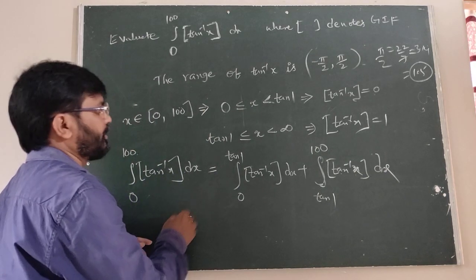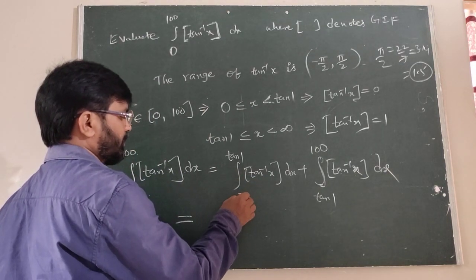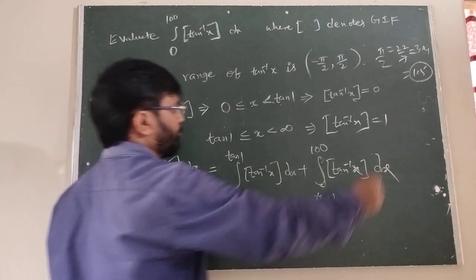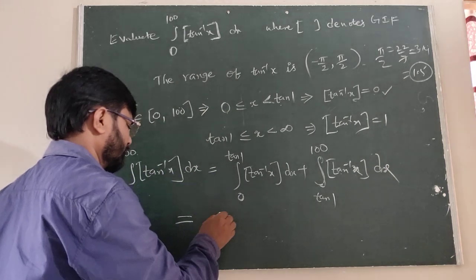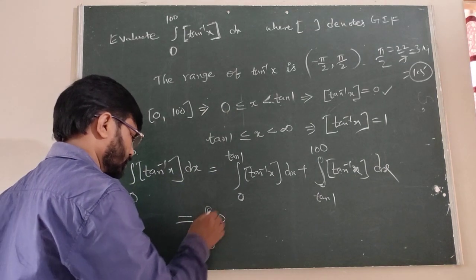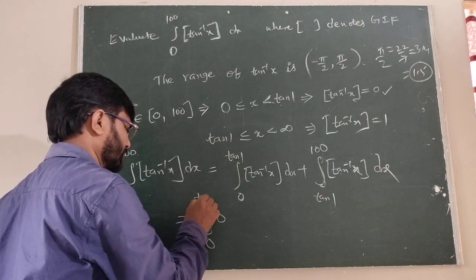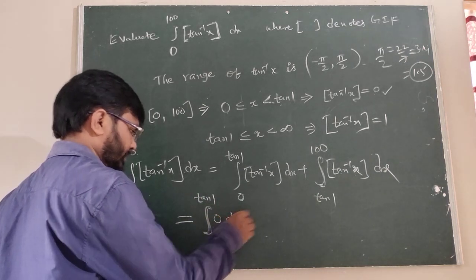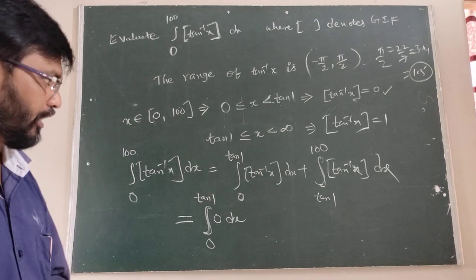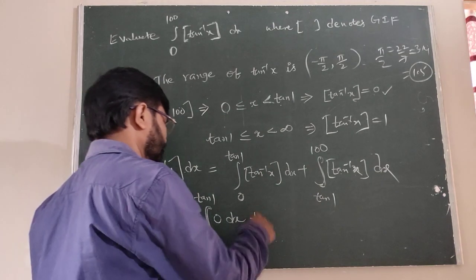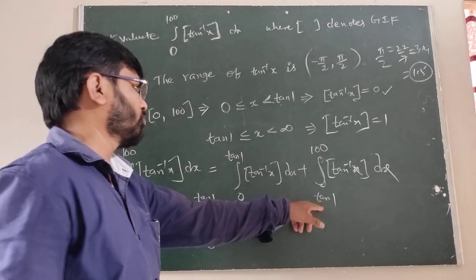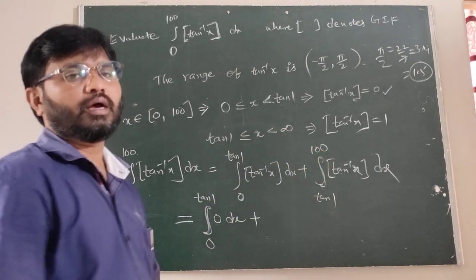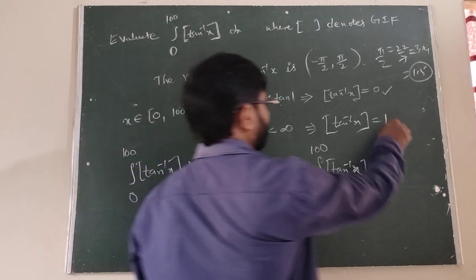We just completed the part where x lies between 0 and tan 1, and its value is 0. So the integral from 0 to tan 1 of 0 dx is 0. Now for the integral from tan 1 to 100, the step value is 1.